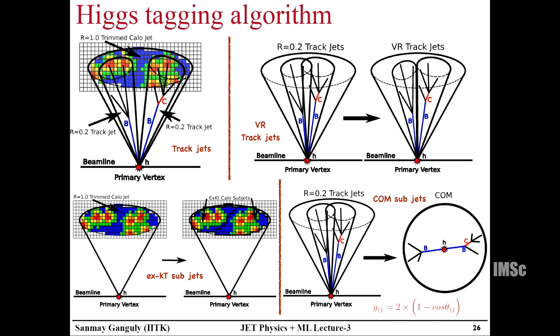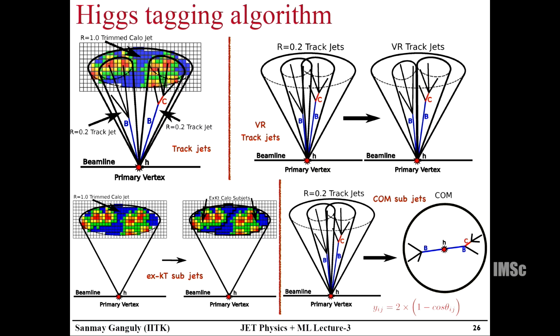In the tracker there will be two tracks, and depending on the boost we apply a variable radius clustering algorithm, and finally on this large radius jet we try to figure out the two subjets, and accordingly we try to make a symmetric splitting.